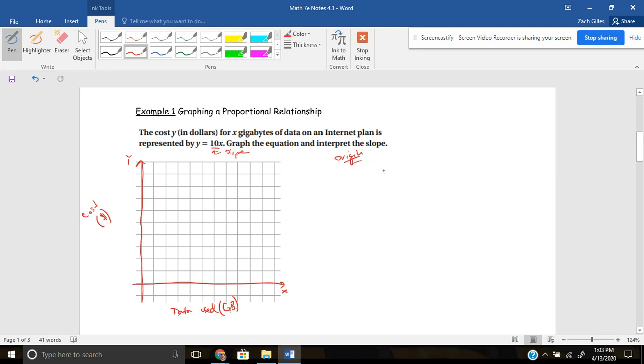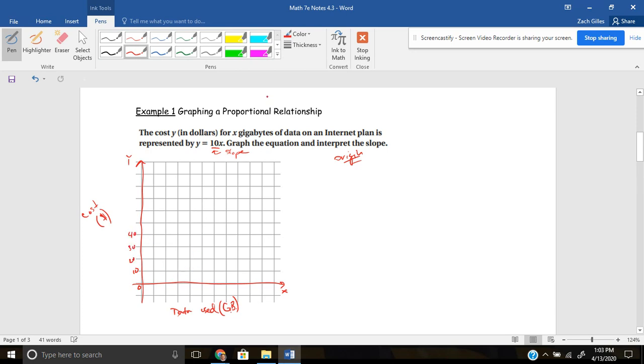Okay, so what we're going to do is plot those two things and then connect them with a line. My cost looks like I'd be safe to go by tens. So here is 0, 10, 20, 30, 40, and so on.